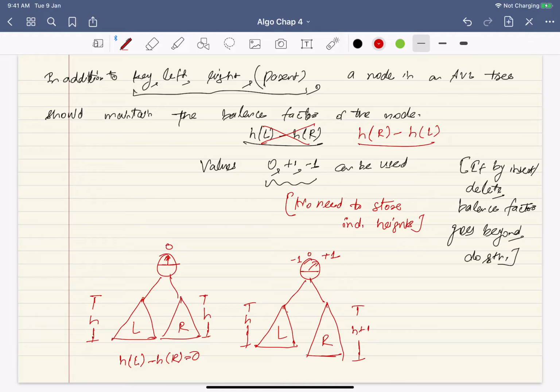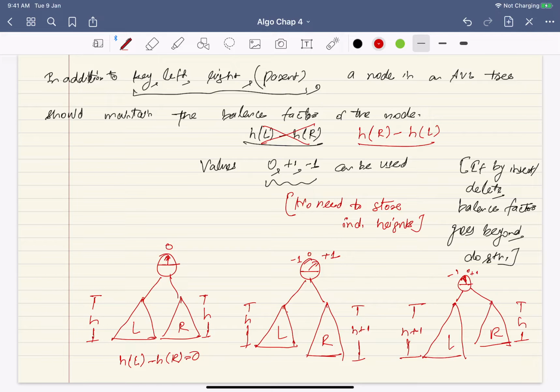And similarly the last case where I have the node and the height of left subtree is larger than the height of right subtree by 1. So this is h plus 1 and this is h. In this case the balance will become minus 1.